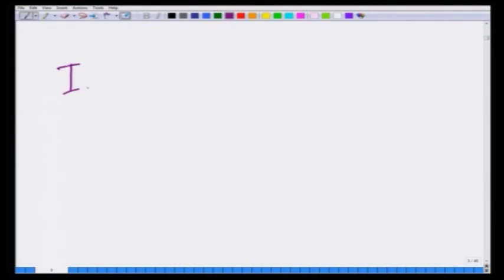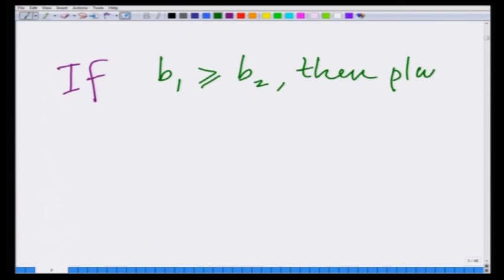So if B1 is greater than or equal to B2, then P1 wins the auction.